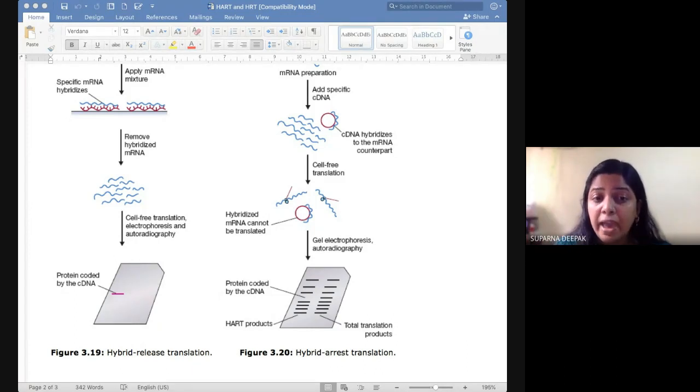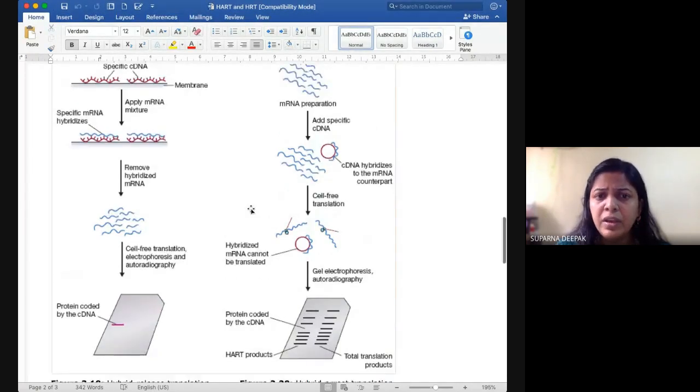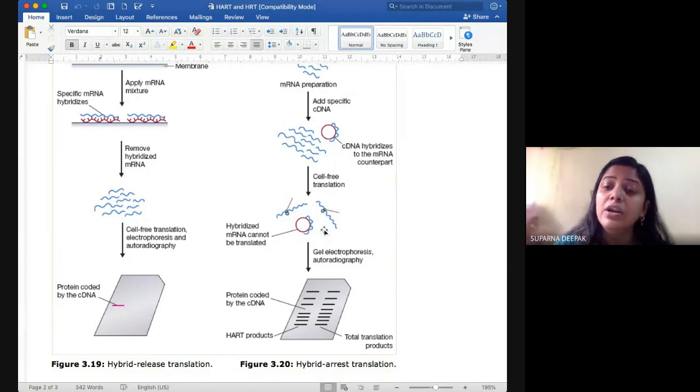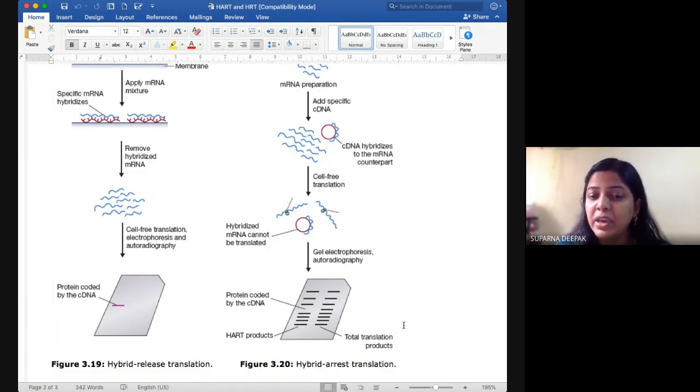Whereas in HART, we hybridize with the cDNA, so because of the hybridization it will not undergo protein synthesis, and that specific band is going to be missing. Yes, students, is it clear? Anyone wants me to repeat?